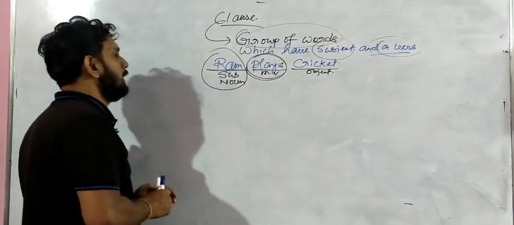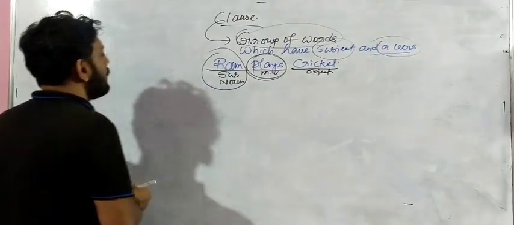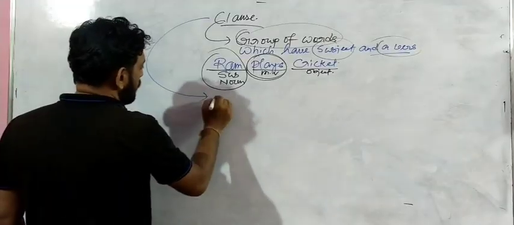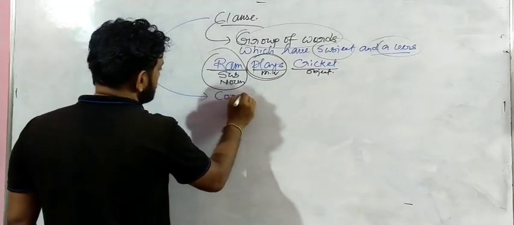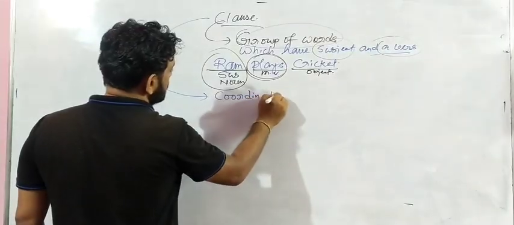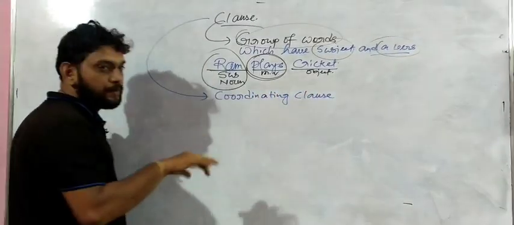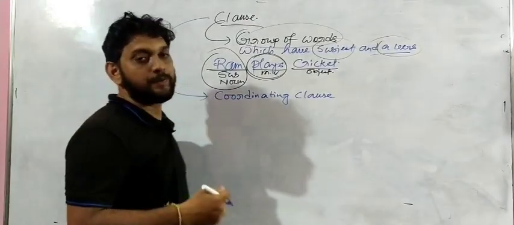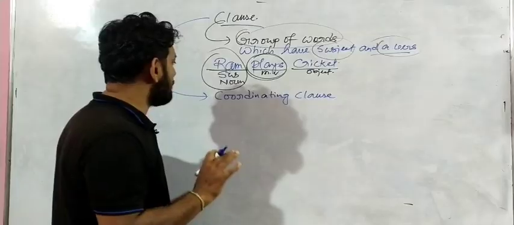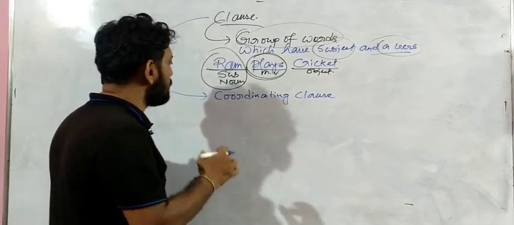Now the main point is that clause has been defined in different ways. Basically these are the types of clause. What types of clause? In general, I have defined clause here in two types.